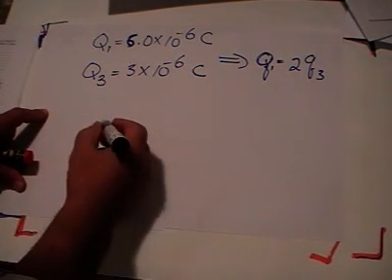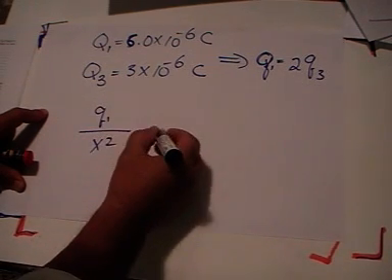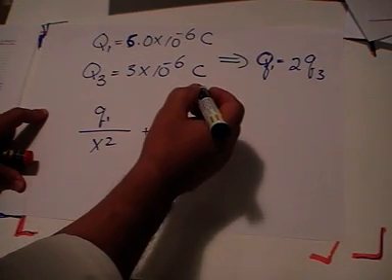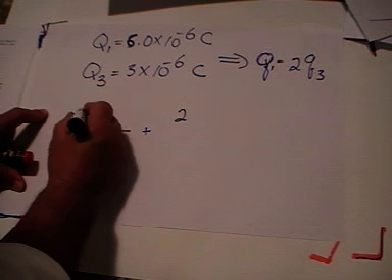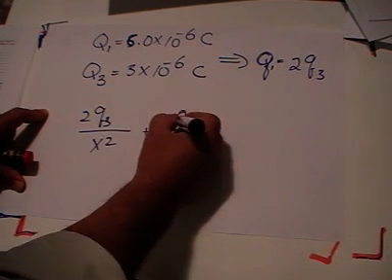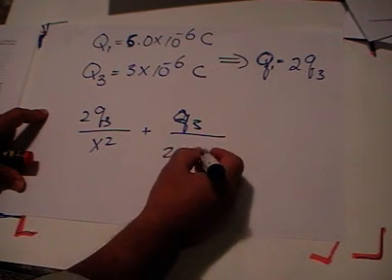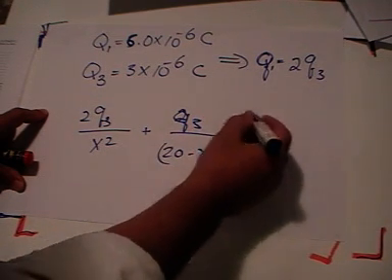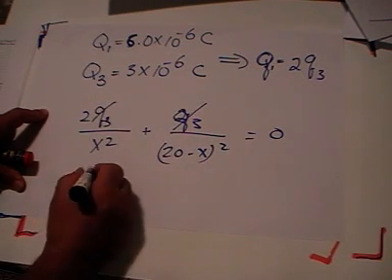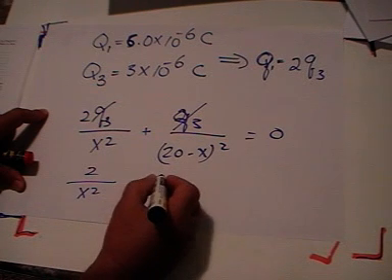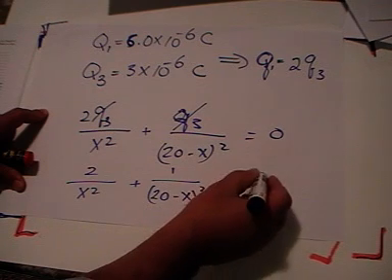So when I go back to my equation, Q1 divided by x squared, where Q1 is 2 Q3, plus Q3 divided by (20 minus x) all squared is equal to 0. Now the Q3's will cancel, and now I have a nice equation: 2 over x squared plus 1 over (20 minus x) all squared is equal to 0.